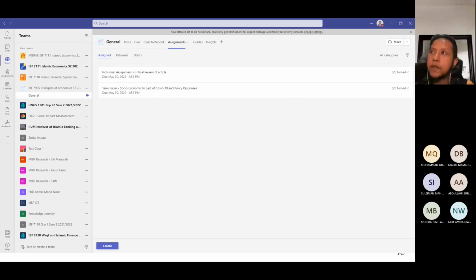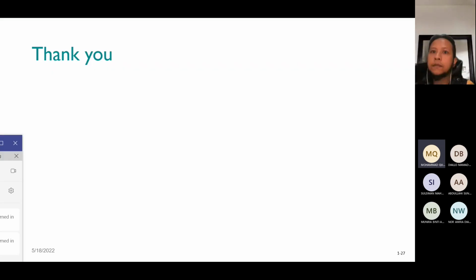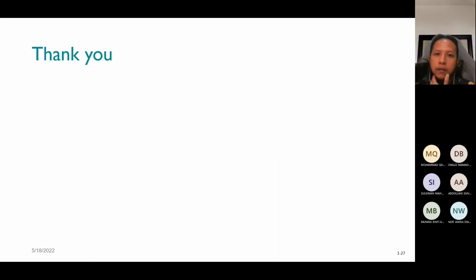Student: Aggregate demand and aggregate supply is very similar to demand and supply that we have learned in the previous class. Lecturer: In micro, yes, but the factors are different. The factors that influence demand and the factors that influence aggregate demand are different.